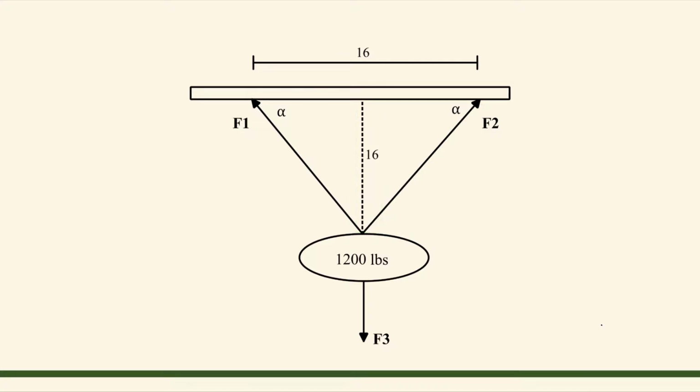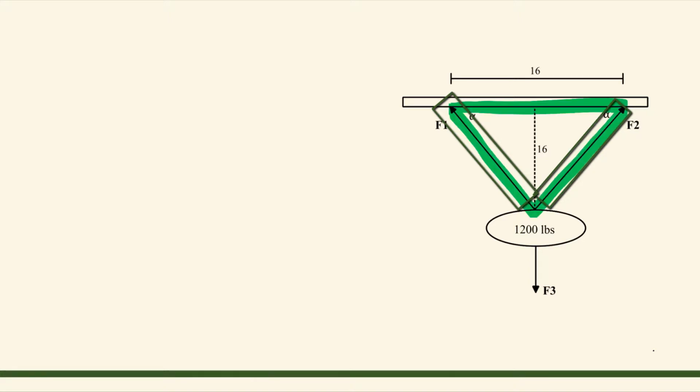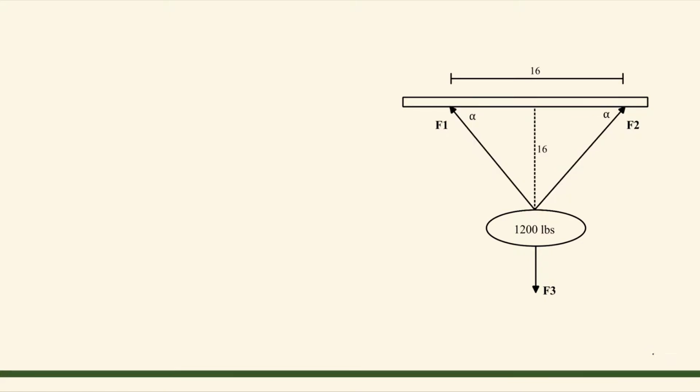We have two angles labeled alpha in the triangle. Our first task is to find the angle measure alpha. Because vectors F1 and F2 are equal in length, we have an isosceles triangle. Thus, the dashed segment labeled 16 would be an altitude of that isosceles triangle.